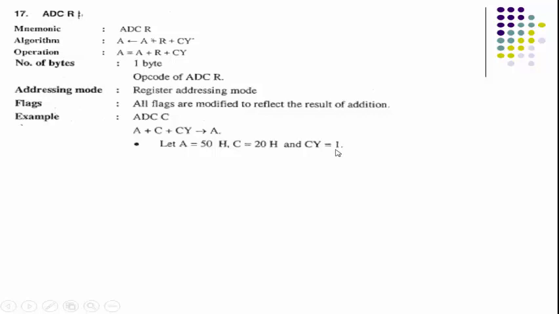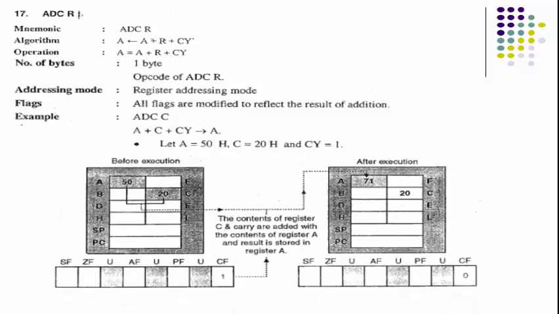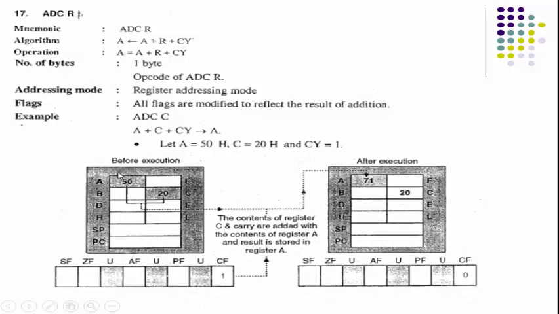So addition of these three numbers, that is 50 hex plus 20 hex plus 01, the addition result you will get in the accumulator. So before execution, suppose accumulator with 50 hex, C register with 20 hex, and suppose CF means carry flag, don't get confused, CY and CF meaning is the same.